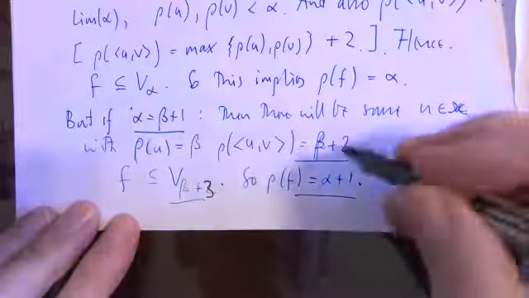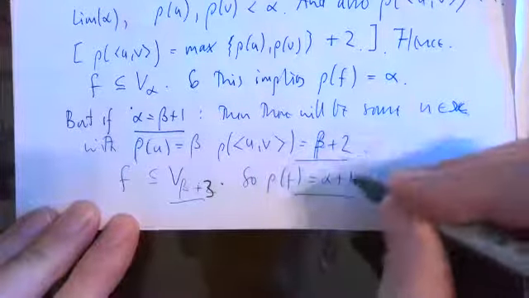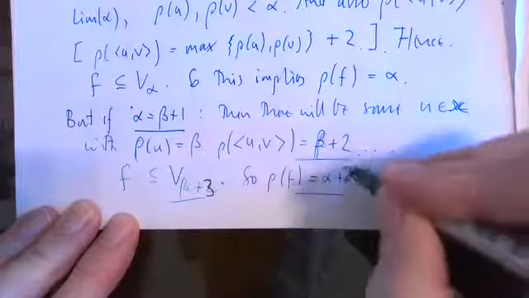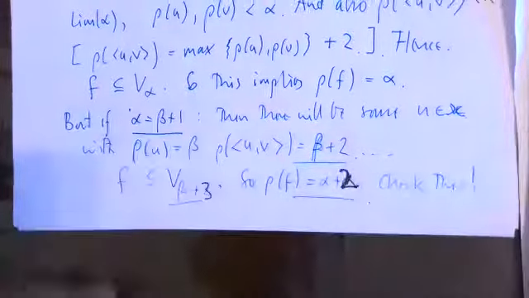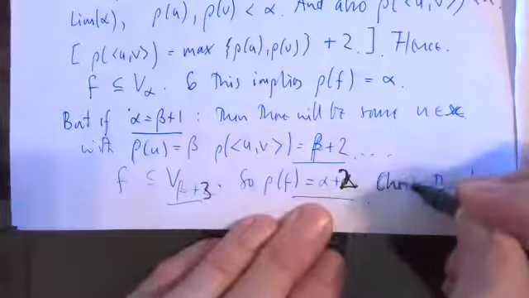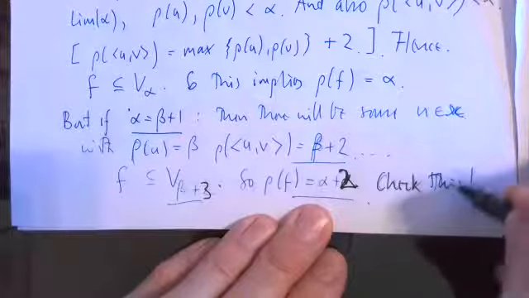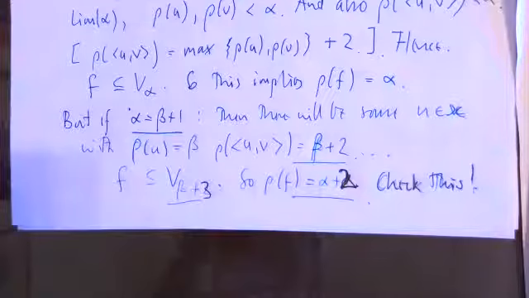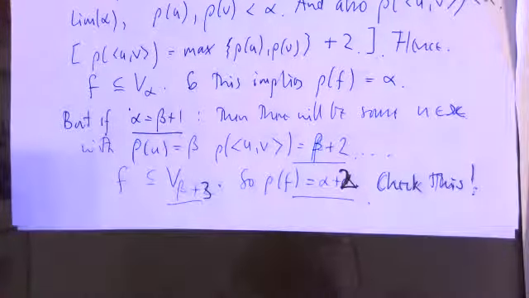So this should make the rank of f be alpha plus 2, which is beta plus 3. Okay, I think this is the answer here.